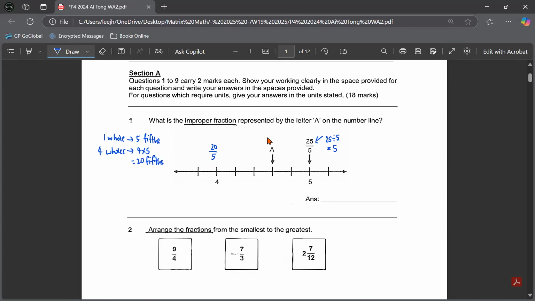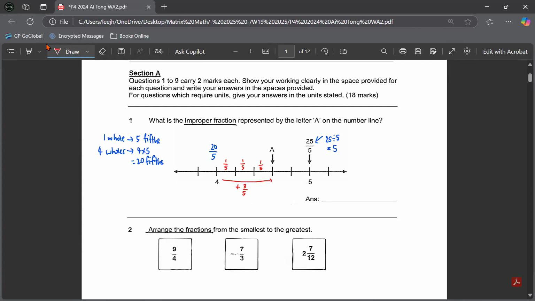So that's how I end up with this fraction over here. Which means every single interval represents 1/5 more. So here is plus 1 over 5, 1 over 5 and 1 over 5. So from 4 wholes up to letter A is plus 3/5.